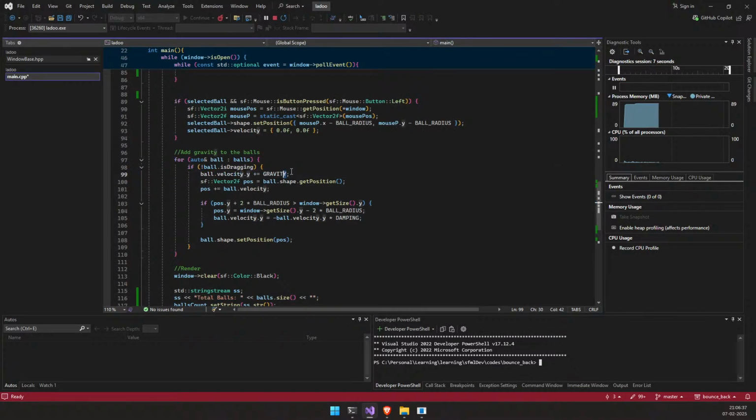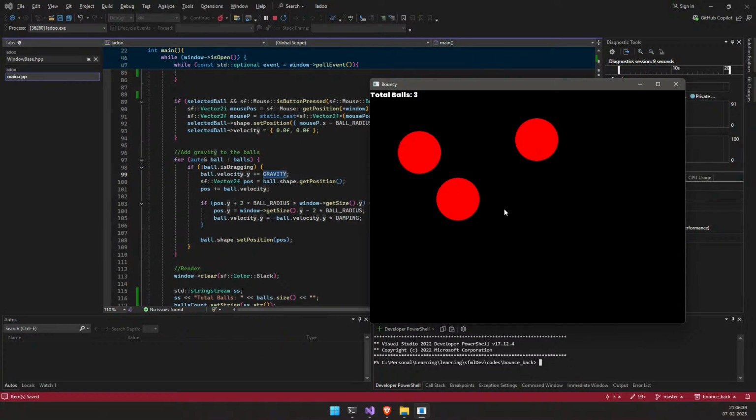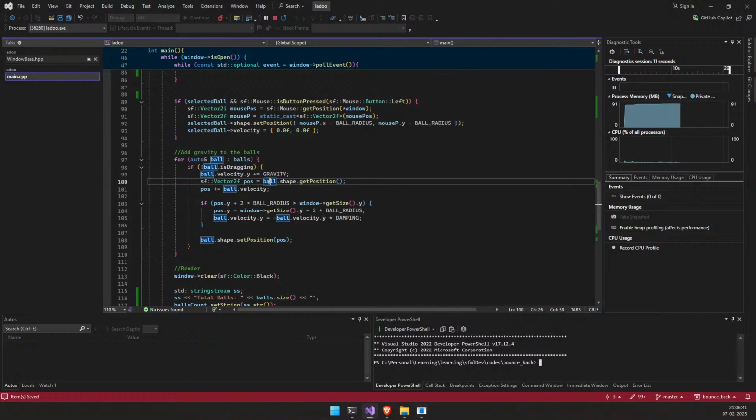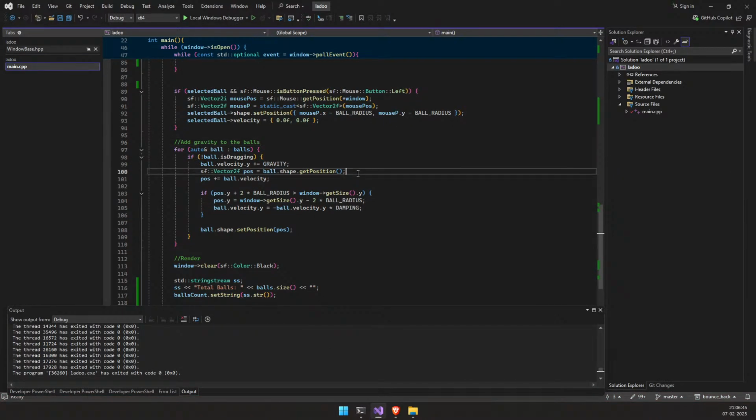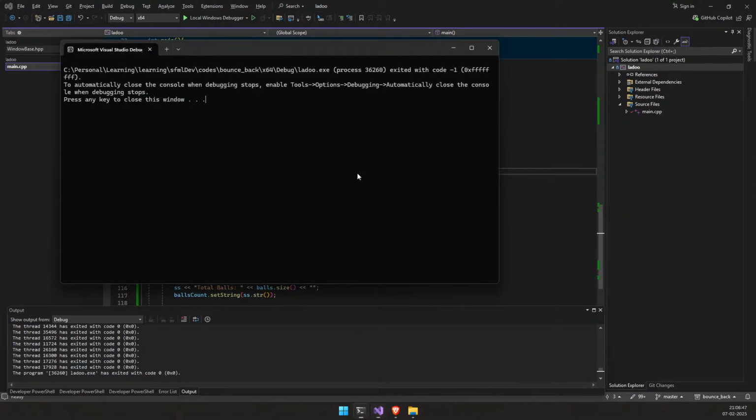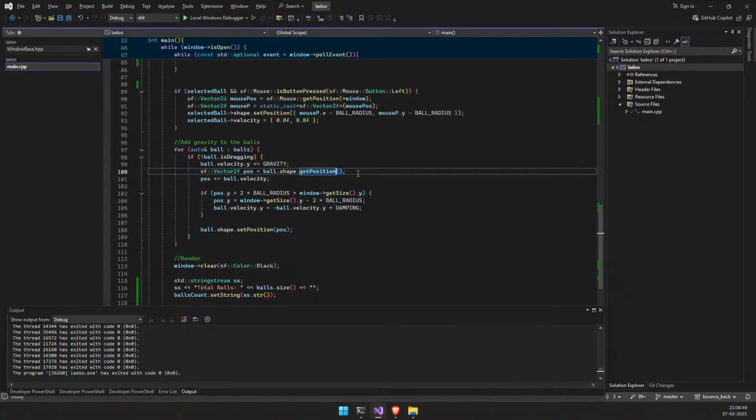So this adds gravity, meaning for each frame this much gravity will be applied to that ball. After that we get the current ball position. Gravity is applied, then we have to move the ball from the current position to the next position. So we get the position, correct me if I'm wrong. Then we add that velocity, because this was the old one and we are adding it to the new one.